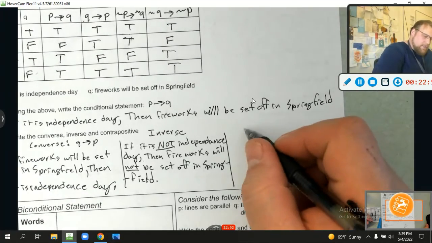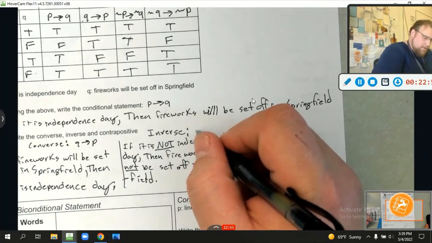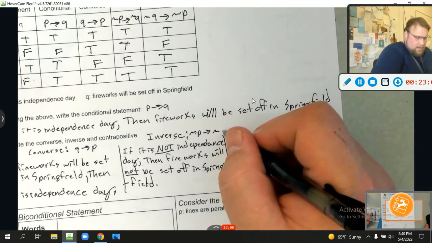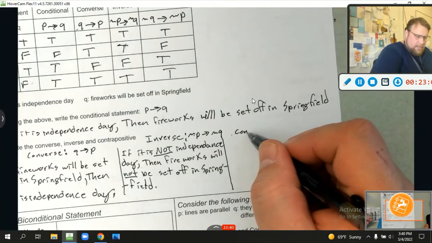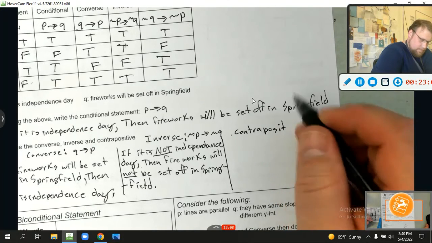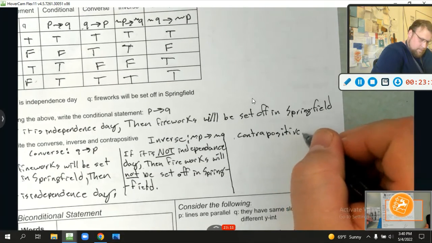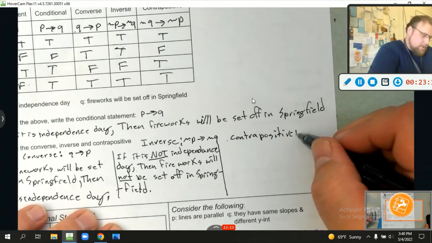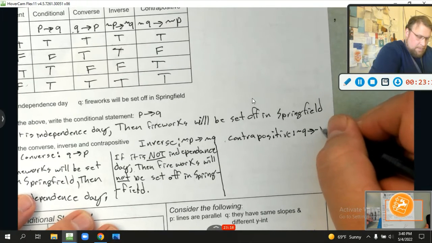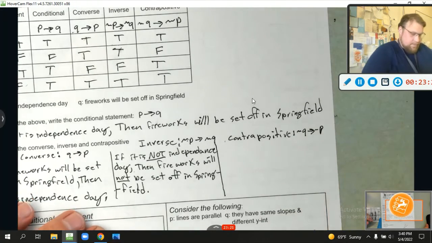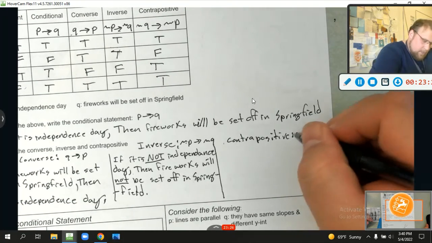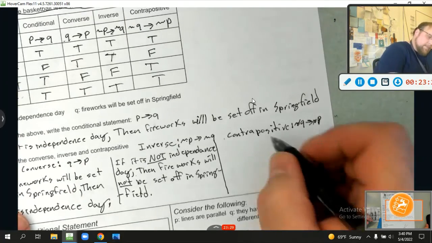And then the last one we have is called the contrapositive. So this inverse, by the way, was if not P, then not Q. The last one is the contrapositive, and let me show you how this one works. This one is if not Q, then not P. So let's do it.